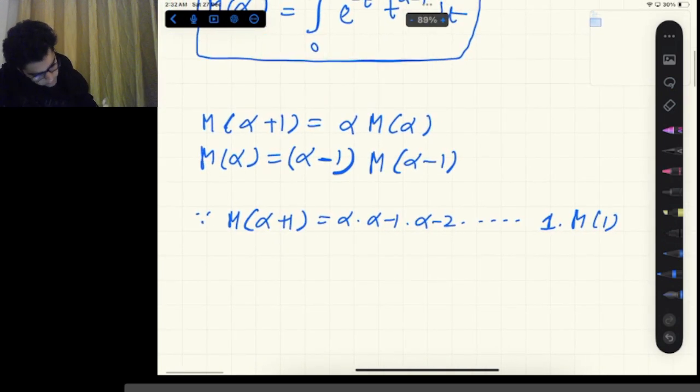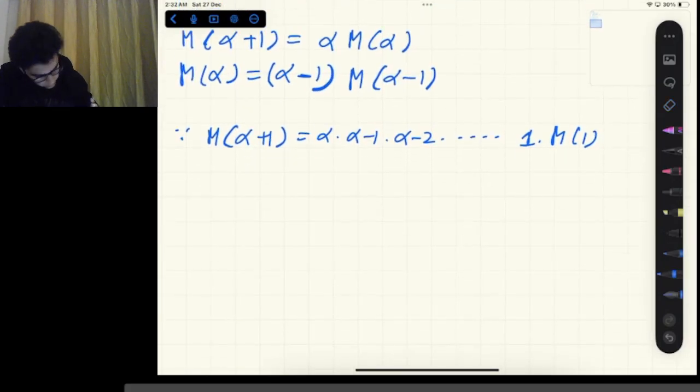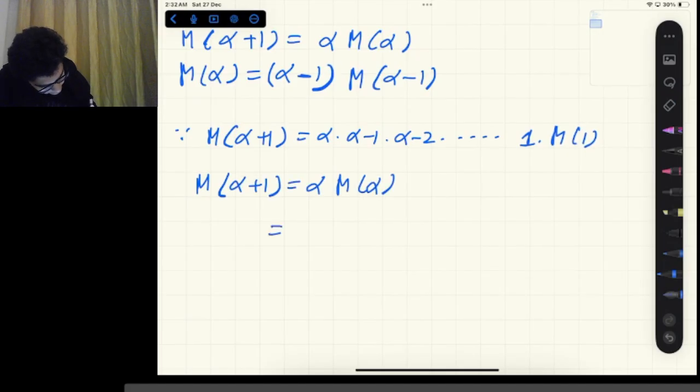I hope you guys are understanding. Let me explain how this result came about. Gamma alpha plus 1 is equal to alpha gamma alpha. Now I can write this as alpha times alpha minus 1 gamma alpha minus 1.